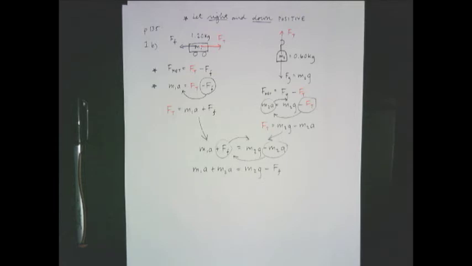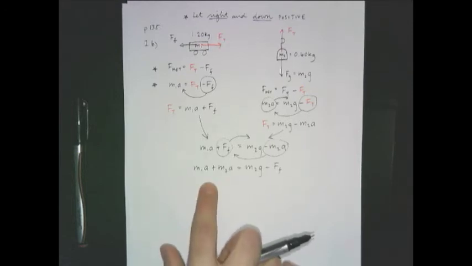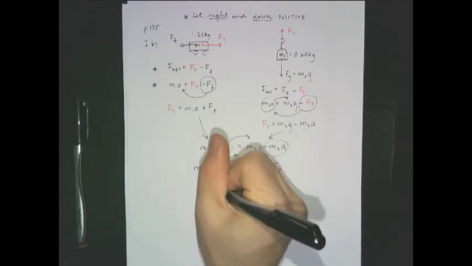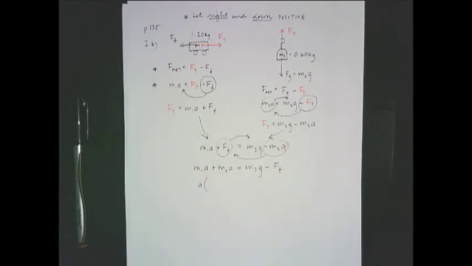To get this a and solve for a, we have to isolate it from each of the terms on the left-hand side. This is going to require that we use a skill that we learned in grade 10 called factoring. Let's factor an a out of this side. If you factor an a out of each term, what are you left with inside the brackets? Selena?